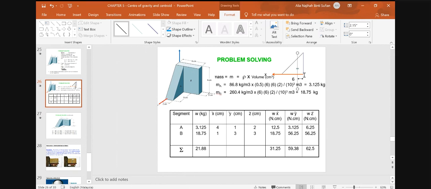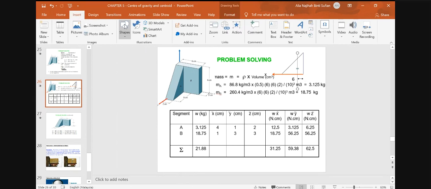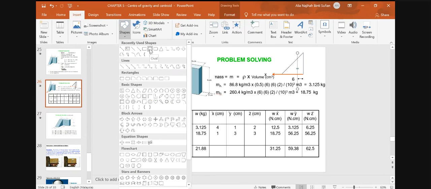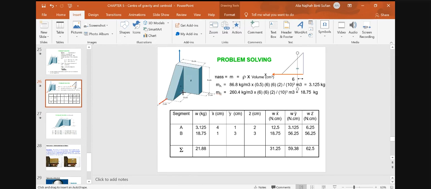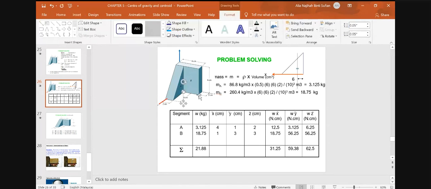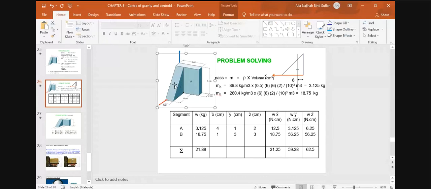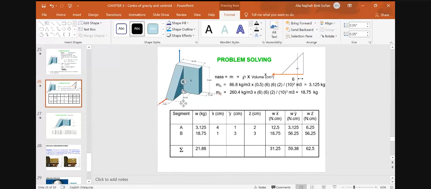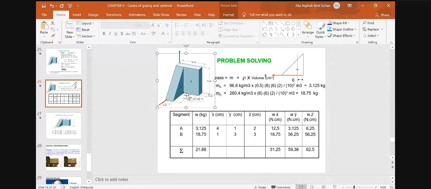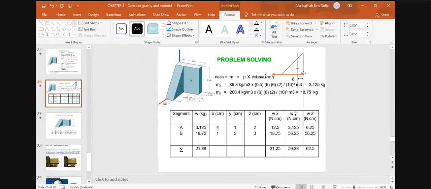From this point, which is this point, this point here in this triangle, it is 2 meter.